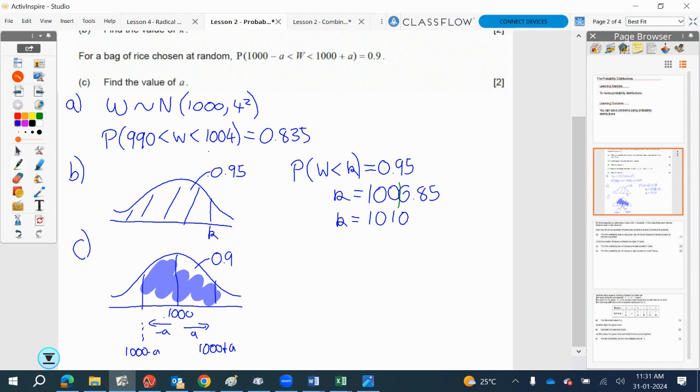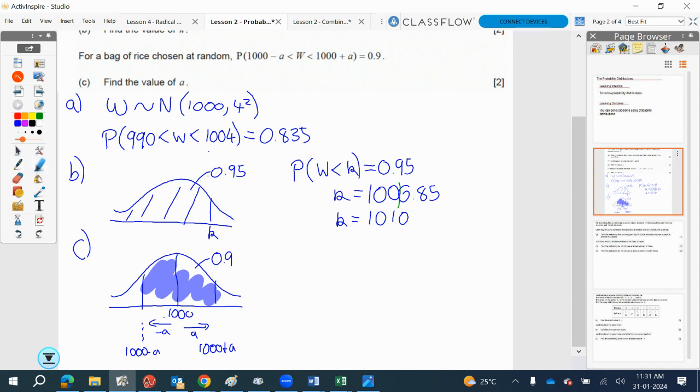How do we get at it? The parts outside the area will be 0.05 each.